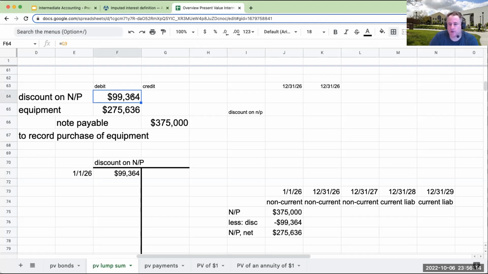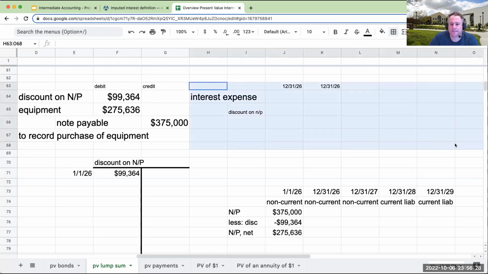Remember, what does this represent? It said there was no interest, but as we know, that's not true. In accounting, we have to impute interest. So this is going to be interest expense.